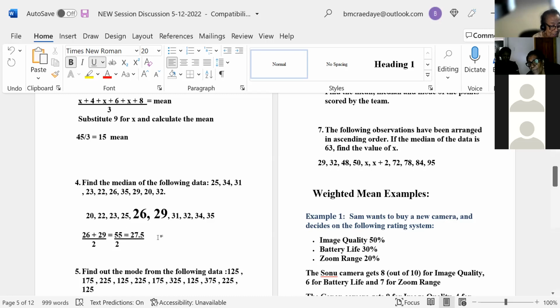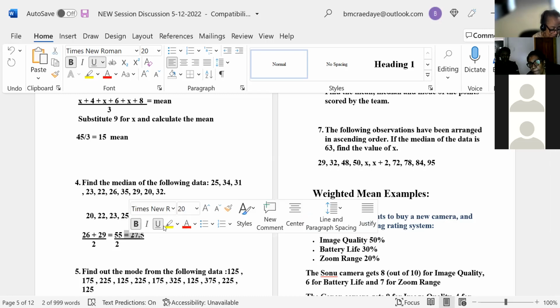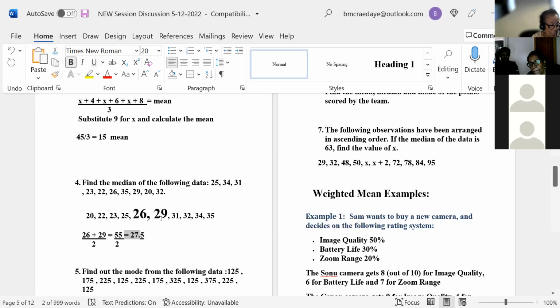So there's your answer: 27.5. That's right. That's the answer that Mercedes got, and that's correct. That's the median, 27.5.